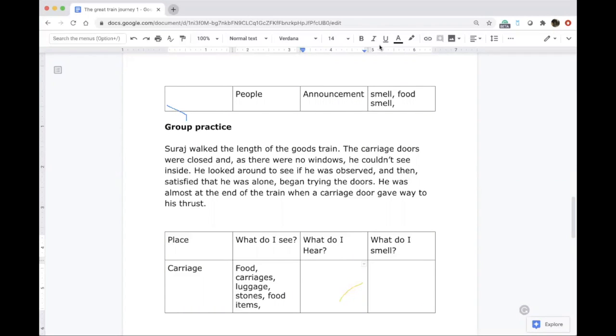I think the noise of people. Do you think there are people inside the carriage? No. You can use your imagination. You don't need to take an example from the paragraph, you can just use your imagination. What kind of sounds do you listen to?